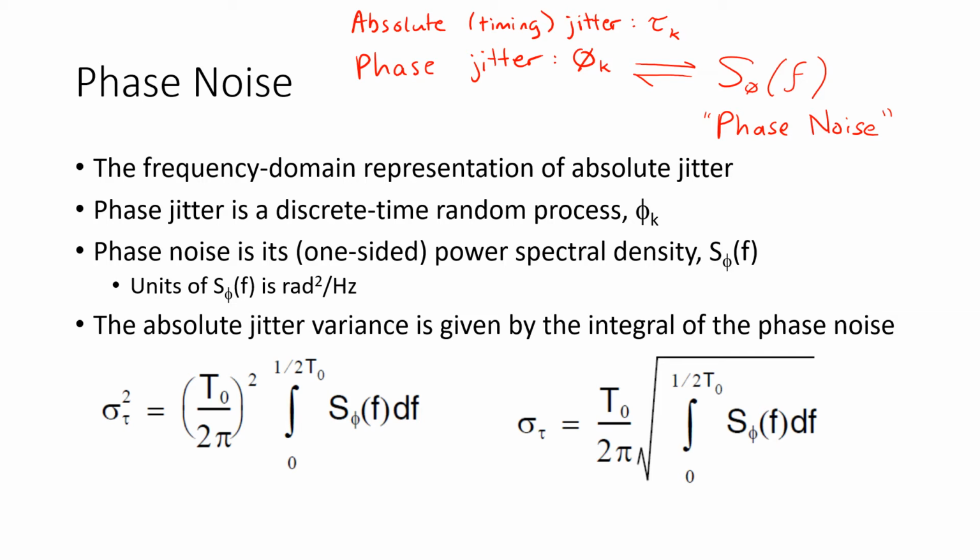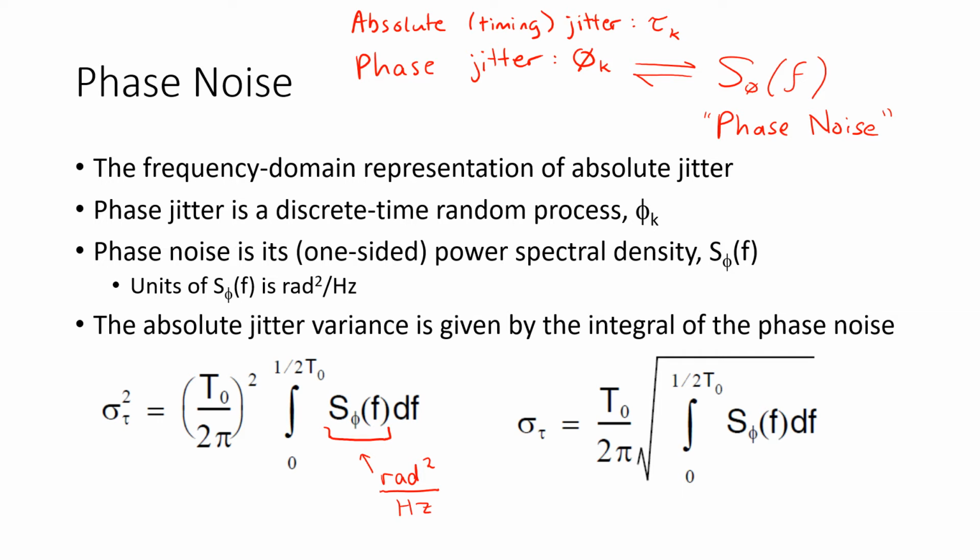Essentially, a frequency domain representation of the absolute jitter in phase. Mathematically, it's written here. And remember that it's got units of radians squared, since it's a measure of the power spectral density of the discrete time sequence per unit frequency per hertz.